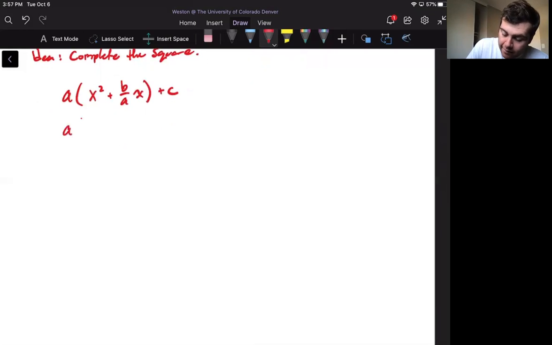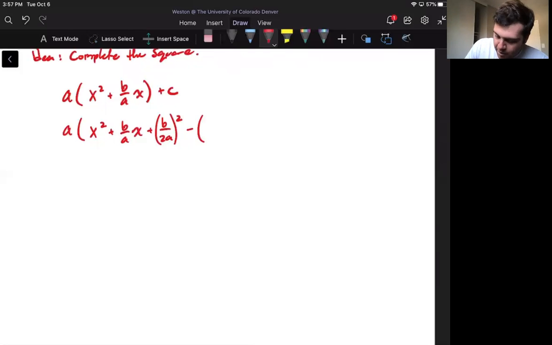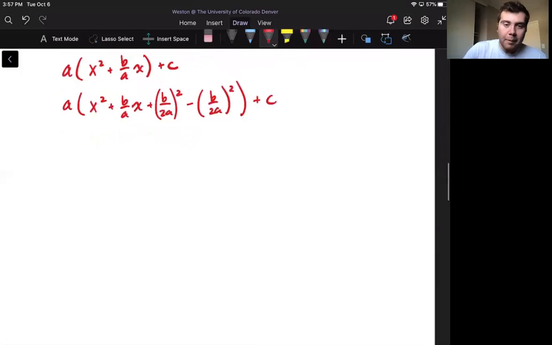So we'll start by just pulling an a out of the first two terms. And then we want to complete this square. So we'll get a times (x squared plus b over a x). And remember, we add (b over 2a) squared and minus (b over 2a) squared, plus c. And now we can do a little bit more simplification, maybe fill in the details of how the simplification comes on your own.